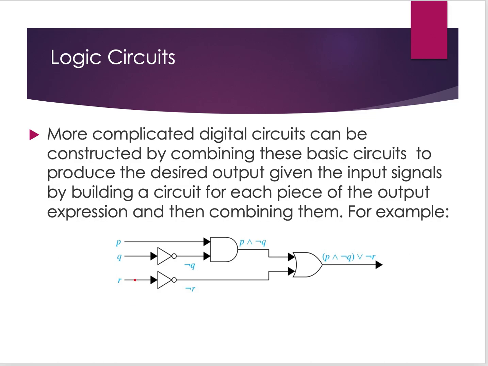We have two inverter gates here, so Q will become negation Q, and R will become negation R. Then P will become an input, and negation Q will become an input to the AND circuit here.